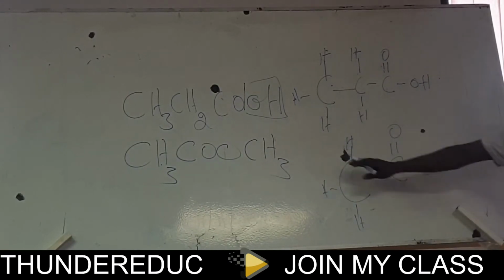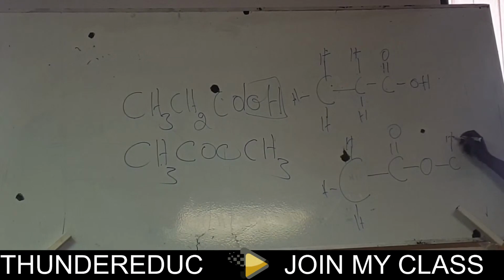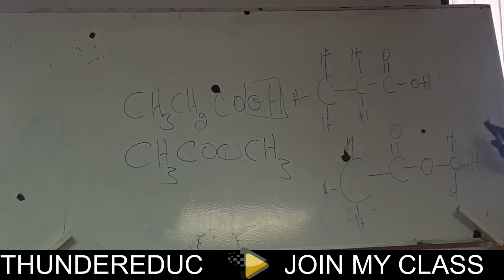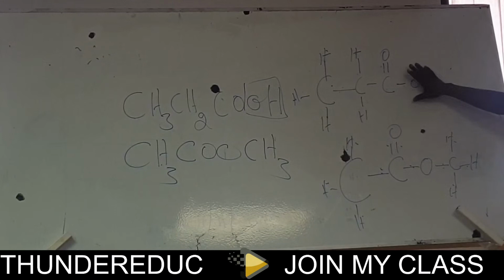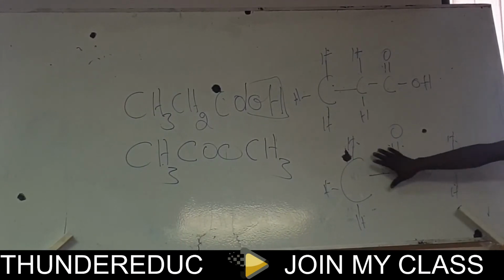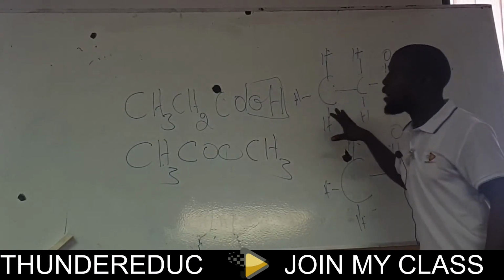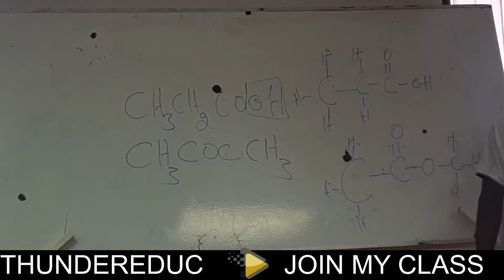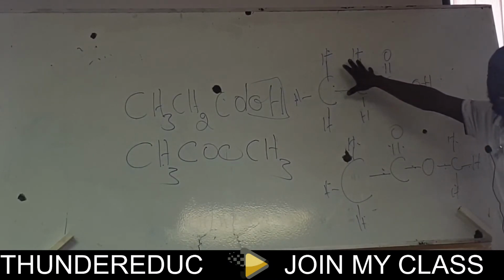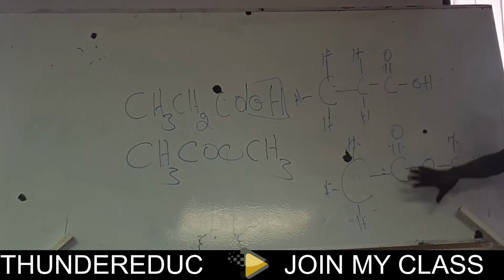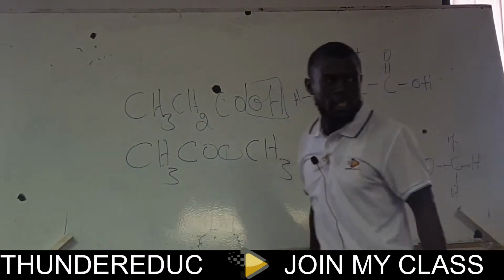Each carbon has 1, 2, 3, 4 bonds. So this is a carboxylic acid, while this one is an ester. What is the difference? Here the functional group is at the end. Here the functional group is along the chain. If you write the molecular formula, it's the same. So the same molecular formula, but different functional groups.